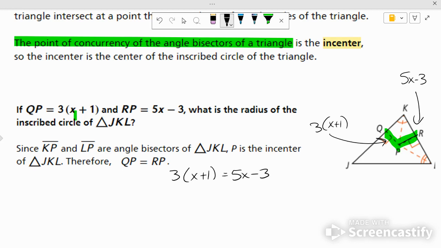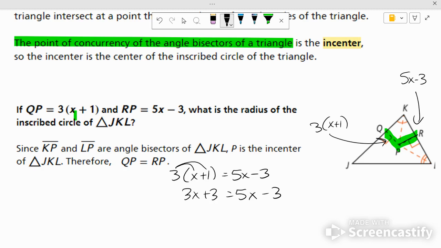What's my first step in solving this equation? What would be my first step, Alistair, solving this one? Distribute the 3. So 3x plus 3 equals 5x minus 3. Now, which variable do I move first?